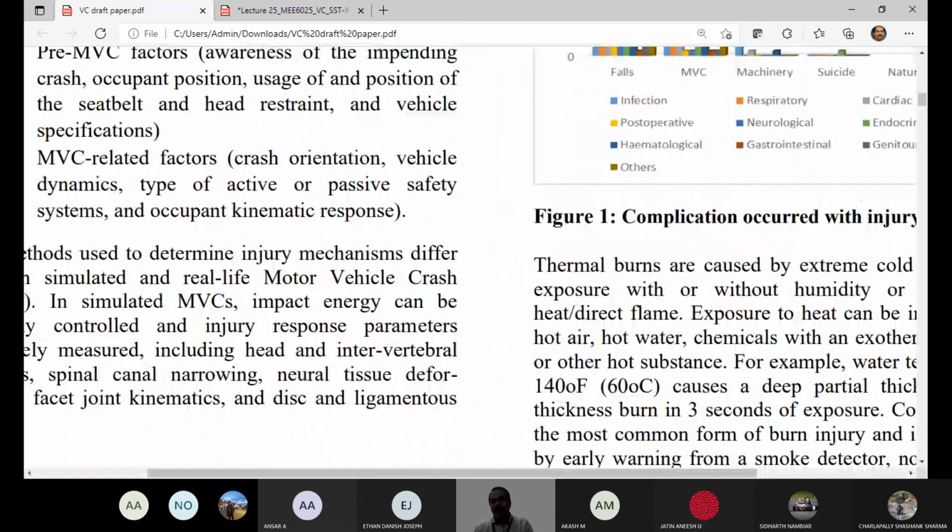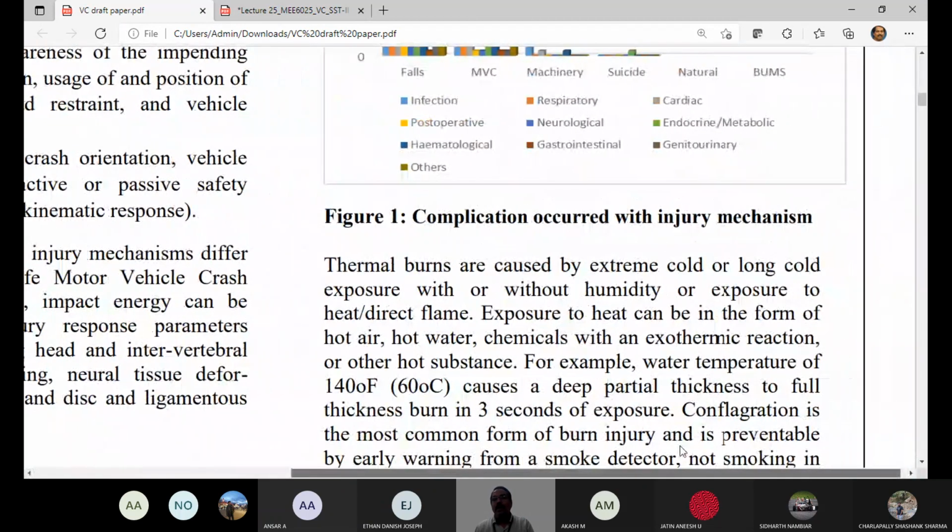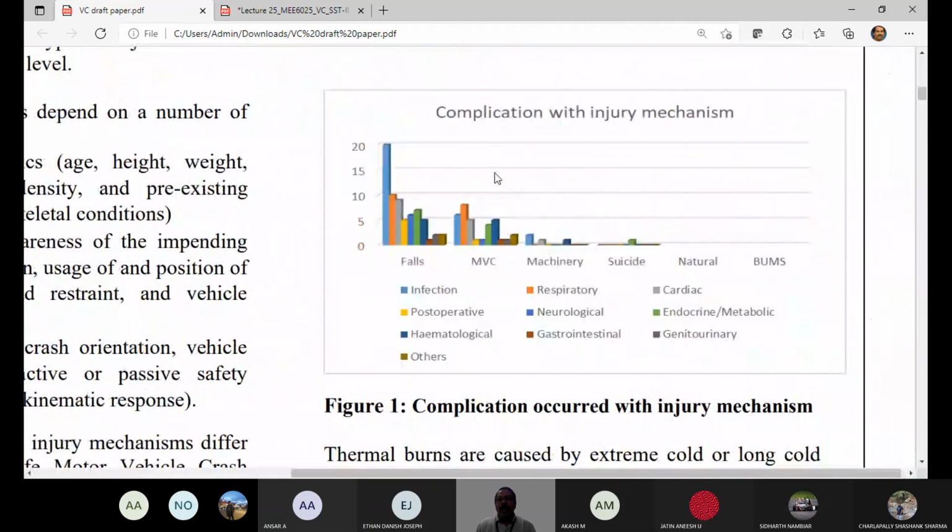If you look here, they have gathered information on complications with injury mechanisms. There are many; it is not only motor vehicle collision. The motor vehicle collision zone is only this portion.